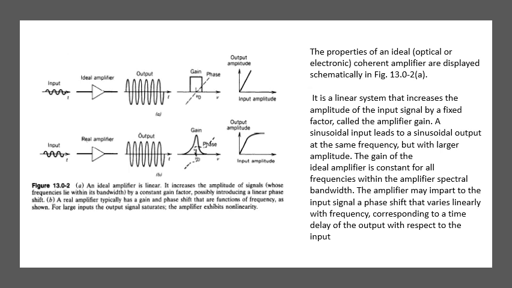There are two amplifiers shown. In the ideal one, the input is given and output is given. You can see here this is very small amplitude, but on the right hand side the amplitude is increasing. This is probably introducing a linear phase shift.